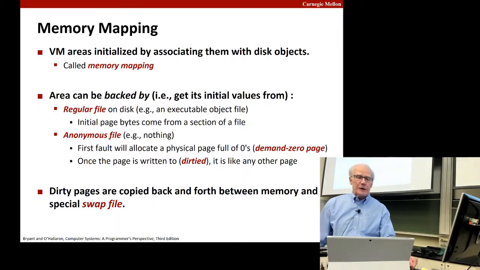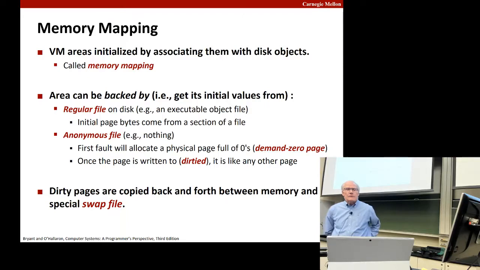So the idea of the relation between the pages that form your address space, which logically are stored on the disk, typically, and the physical pages, the ones that happen to be resident in memory at any given time, is that virtual memory maintains this correspondence between disk pages and physical pages by a process called memory mapping.